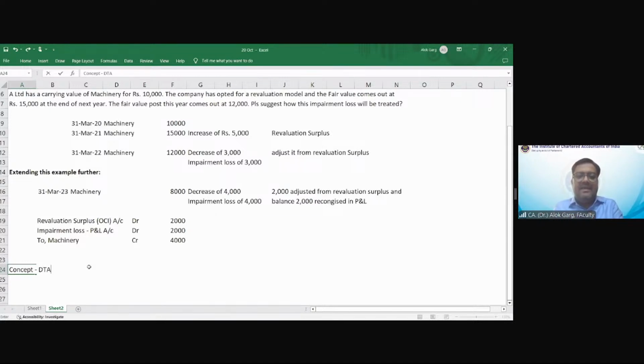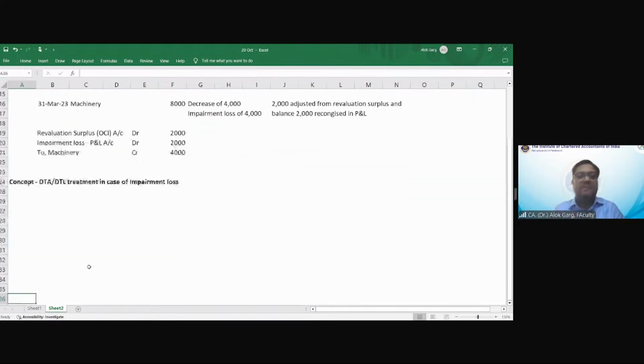Concept: Deferred tax asset, DTA/DTL treatment in case of impairment loss. For example, a machinery was purchased for rupees 1 lakh.